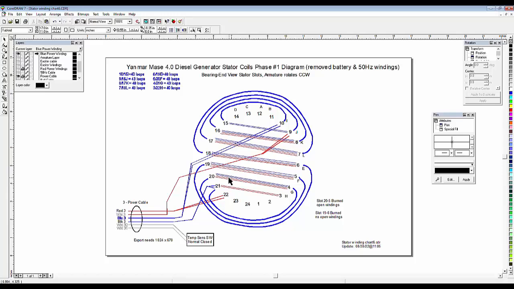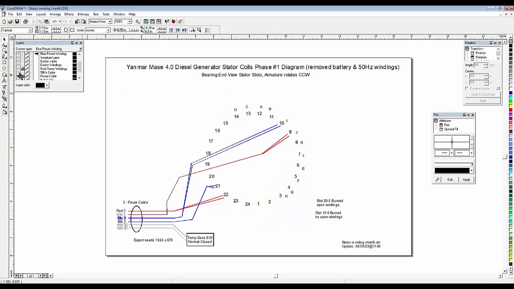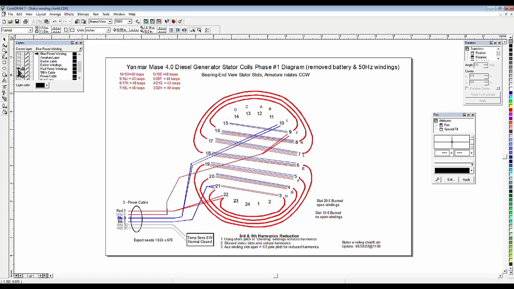So it's good to look at this generator as if all 7 of these windings equals one phase of the generator. And then the other 7 windings is the other phase of the generator. So let's take a closer look at this.